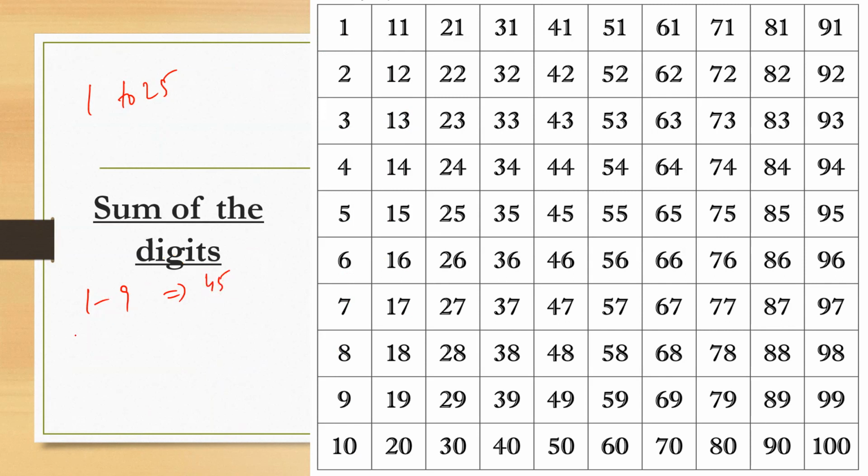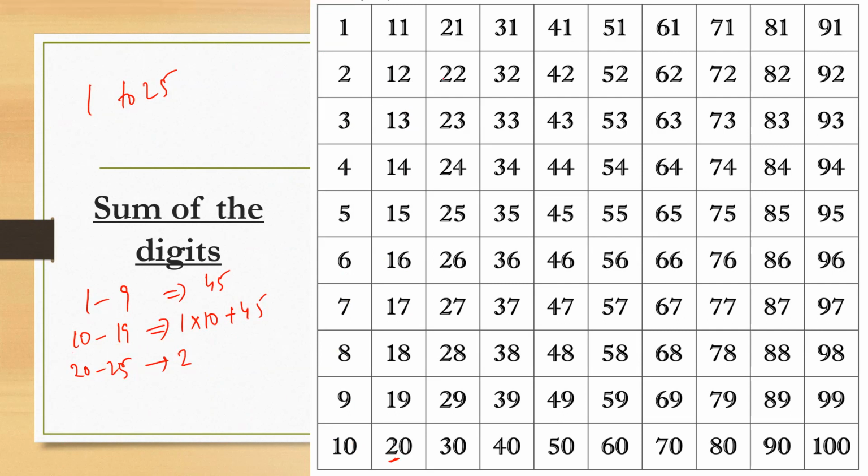Okay. From 10 till 19, it will be 45. That is fixed, because we are talking about the ones in the units place. Okay. In the tens place, it is what? 10, 11, 12, like that it is there. So 1 into 10. 20 to 25, it is again, we are talking about the digit 2 appearing how many times here?